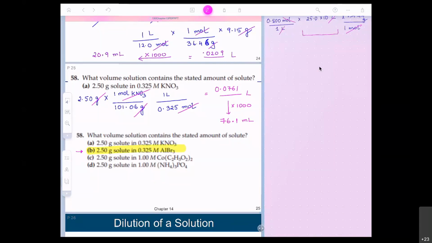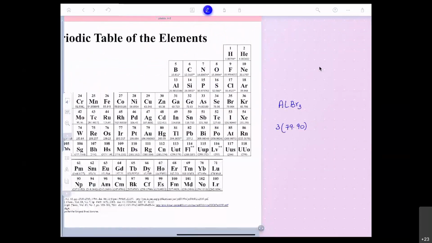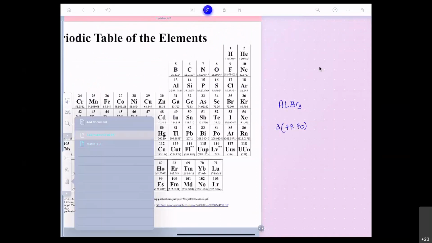Now, some of you may desire to start with 2.50 grams, and some of you may desire to start with 0.325 molar AlBr3. But everyone should calculate molar mass of aluminum bromide. So bromine is 79.90. Aluminum should be something like 26. I need to check. Yeah, 26.98.